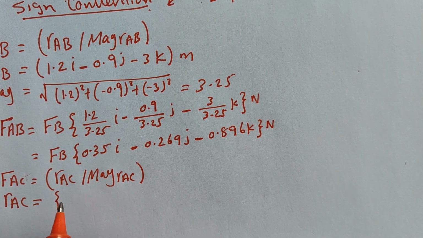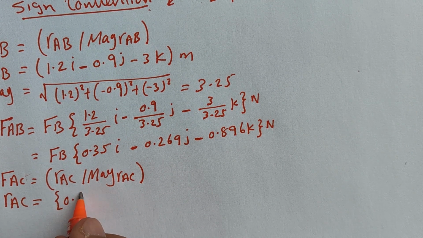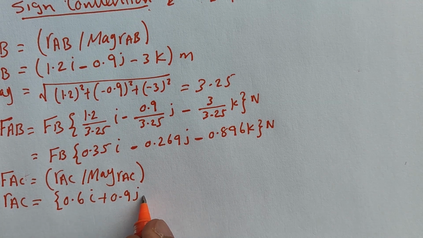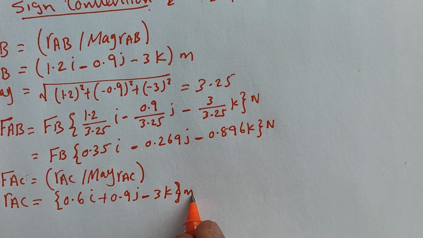Therefore this will be 0.6i, positive i, plus 0.9j minus 3k, and this is in meters.